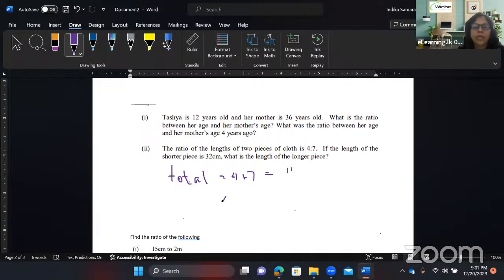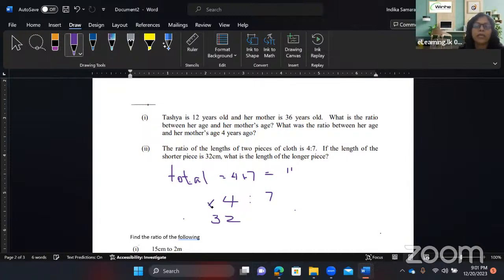Or else you can find it in many ways. It says the shorter part is 32. 4 becomes 32. To make 4 become 32, what can you do?